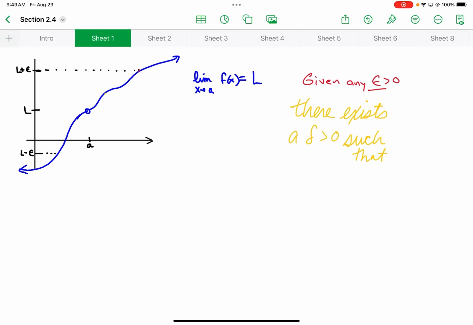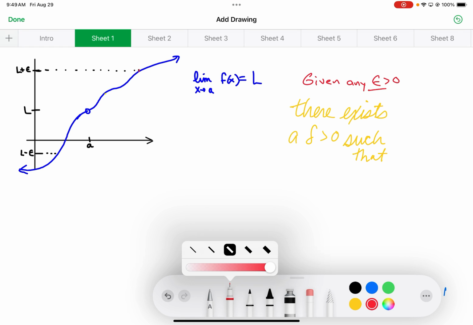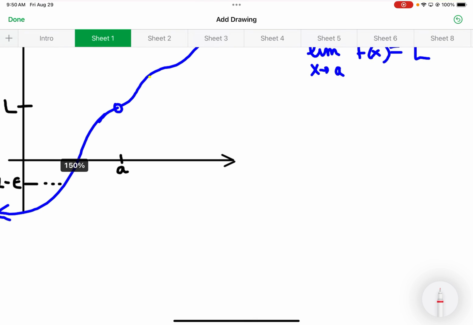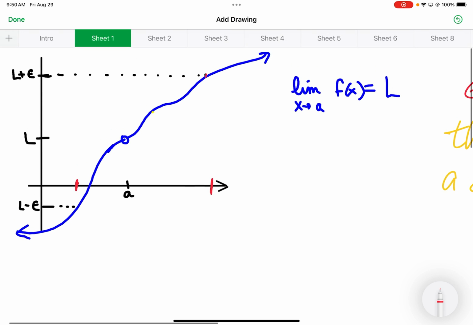That gives me a range of y values, and we can correspond those to some x values. Let's do red. If I correspond that to some x values, I'm going to see where those outputs hit my function. So I'm going to say this value here, and L plus epsilon is here, so I'm going to pick another value right here as well.